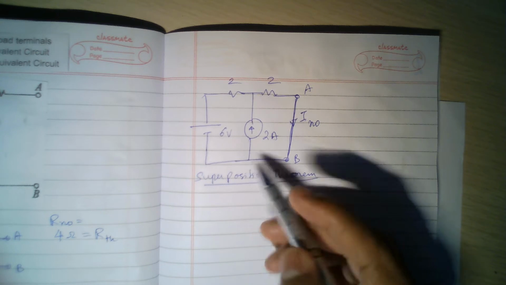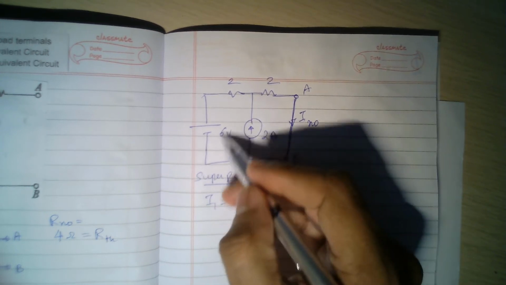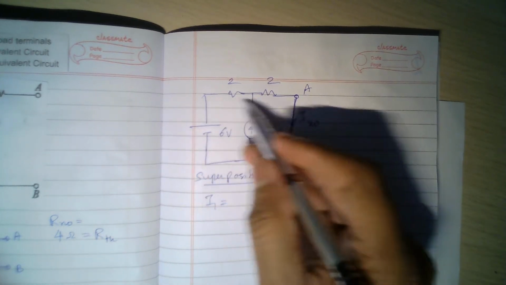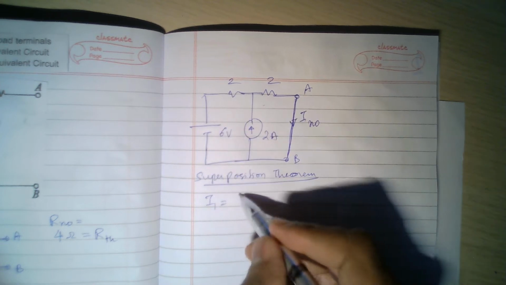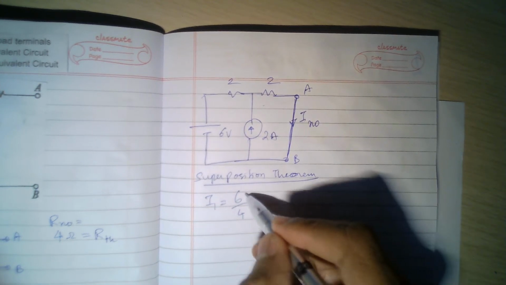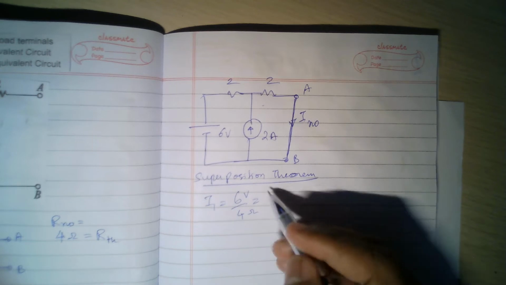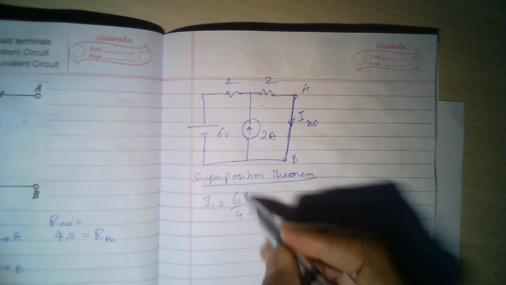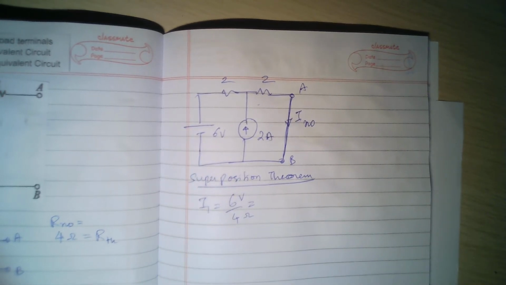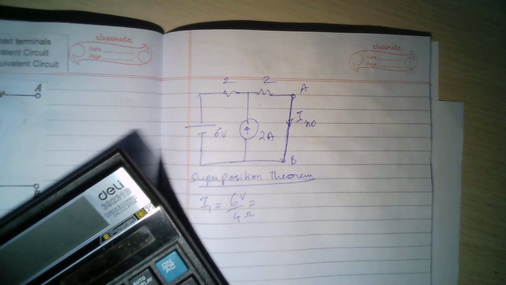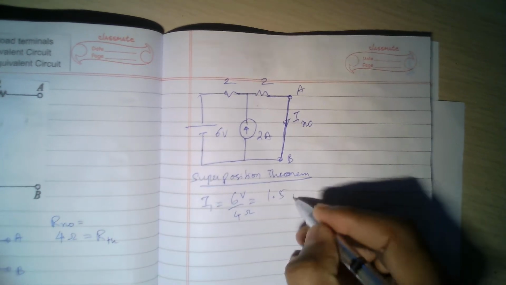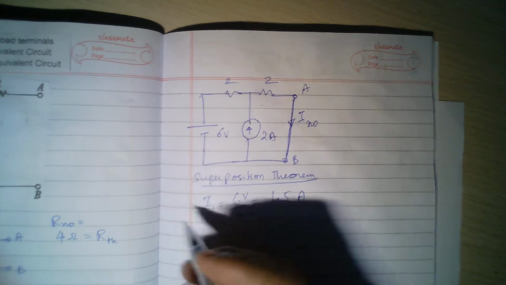So what will be the current? I1 is 6 volts divided by the total resistance, 2 plus 2 in series, which is 4. So 6 volts by 4 ohms, 6 divided by 4 is 1.5 amperes. This is I1.